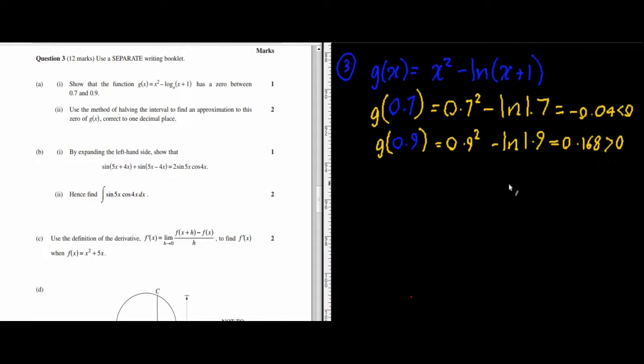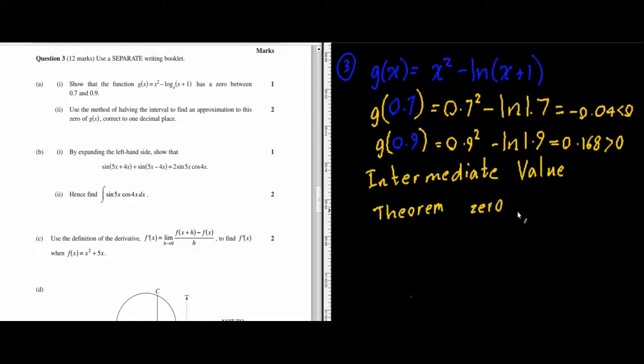I'm not sure if you've heard of this technical term, but it's called the intermediate value theorem. Let me write this down: intermediate value theorem. There is a zero between 0.7 and 0.9.